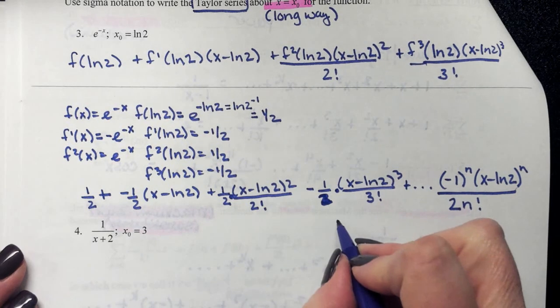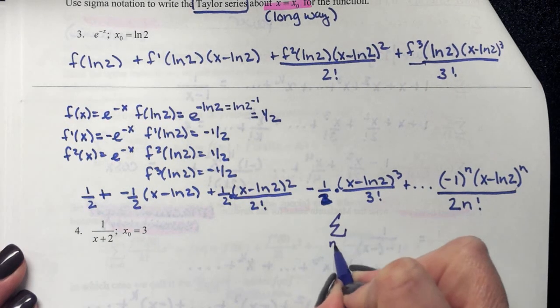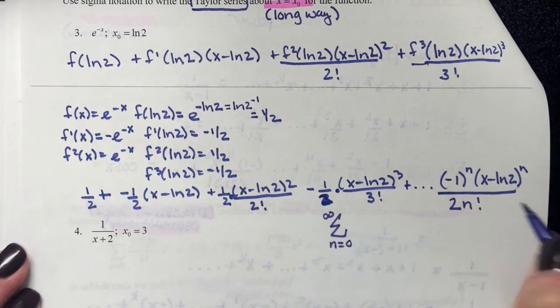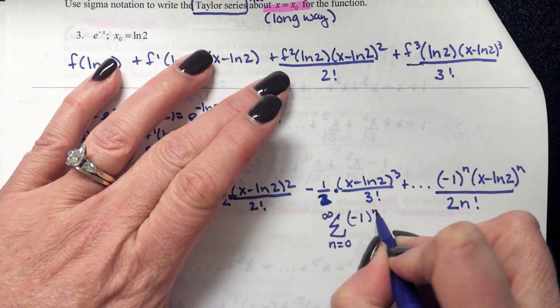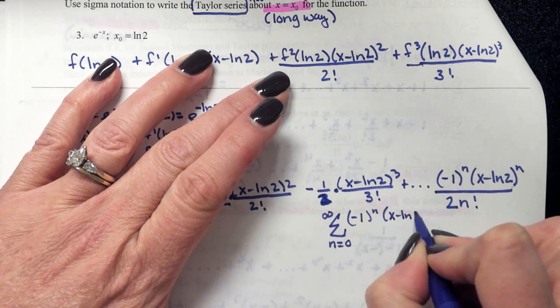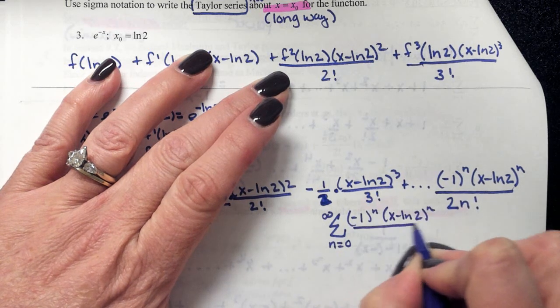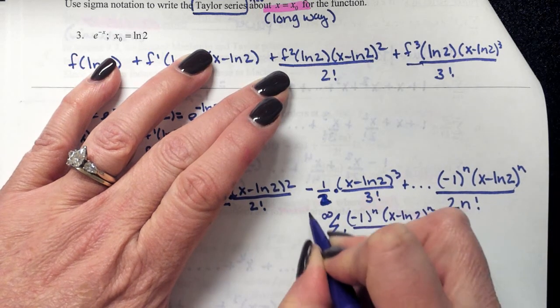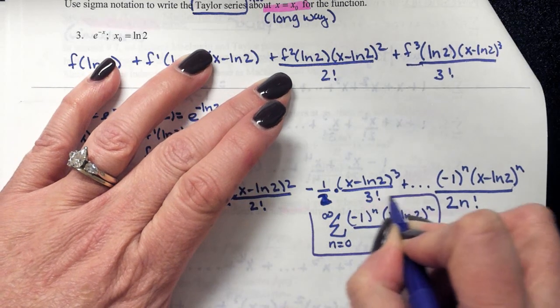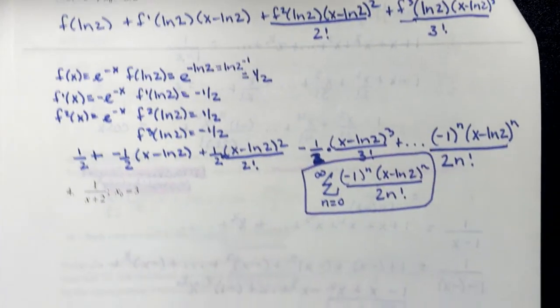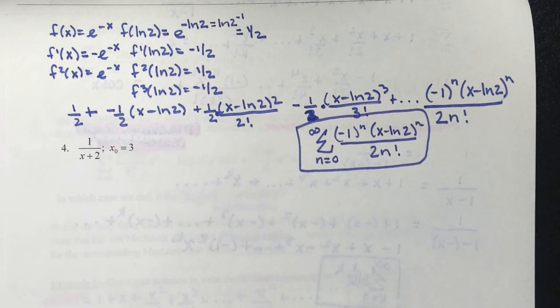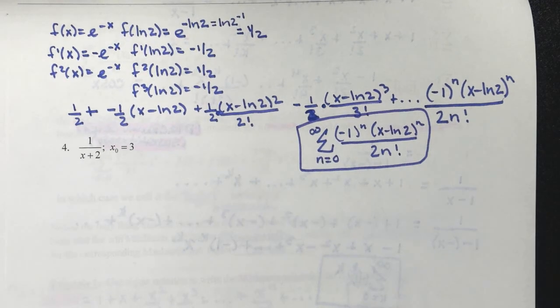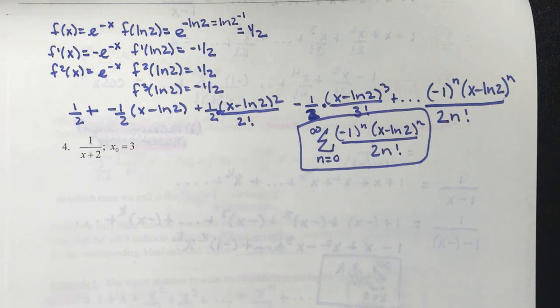So that in sigma notation, I can translate this into n is equal to 0 to infinity, -1 to the nth, x minus natural log of 2 to the n, all over 2n factorial. So there is your e to the negative x Taylor series centered around natural log of 2. Okay? You guys go ahead and try number 4 for me.